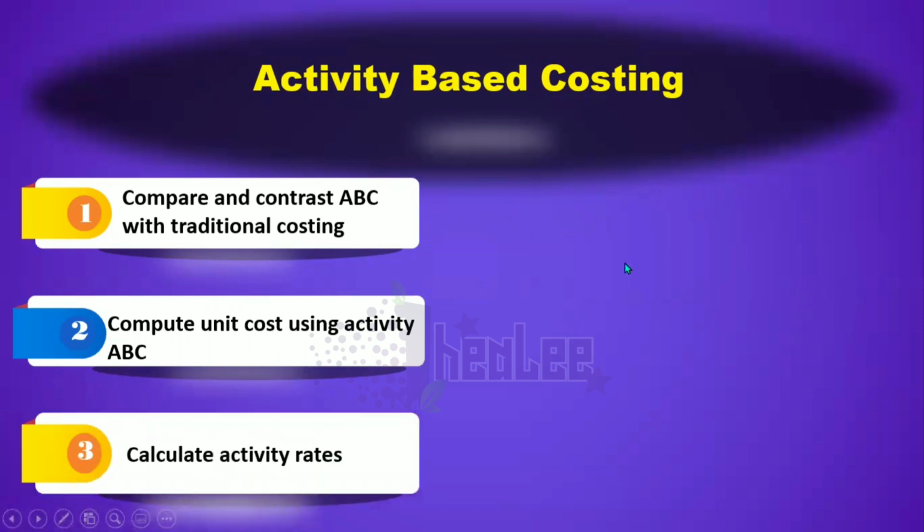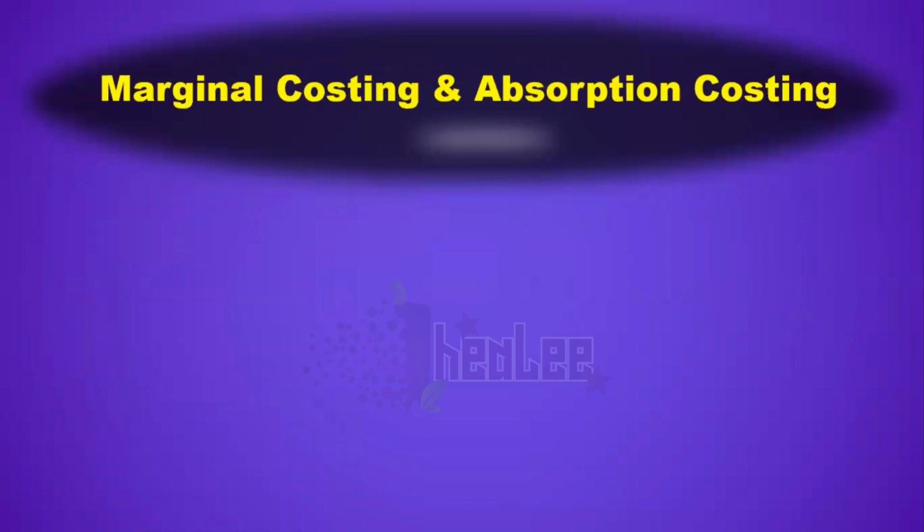Also, you should be able to calculate activity rates. And in calculating activity rates, definitely you'll be using predetermined overhead rates in this section too. So you find that one concept from one area overflows into another. So you're transferring the concept.